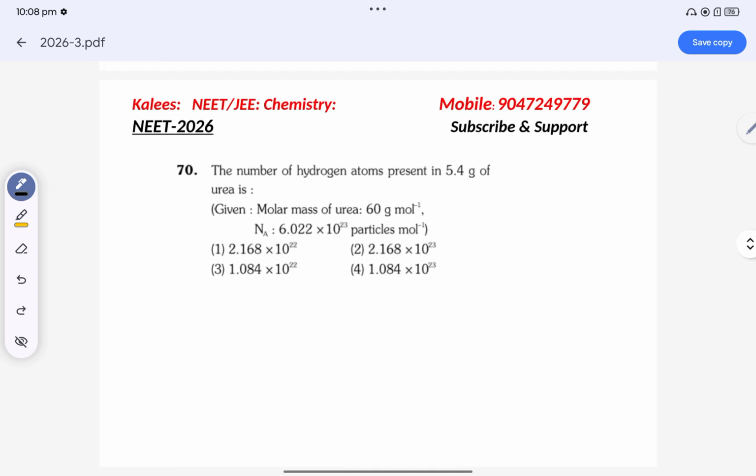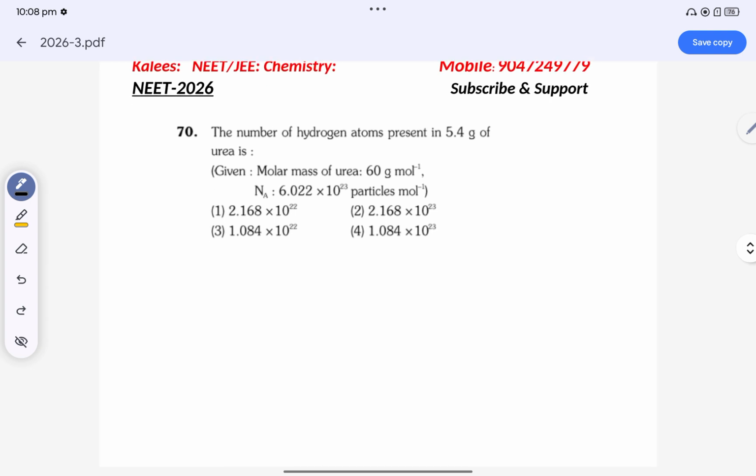The number of hydrogen atoms present in 5.4 gram of urea. The number of hydrogen atoms can be calculated very simply. It is easy to calculate.